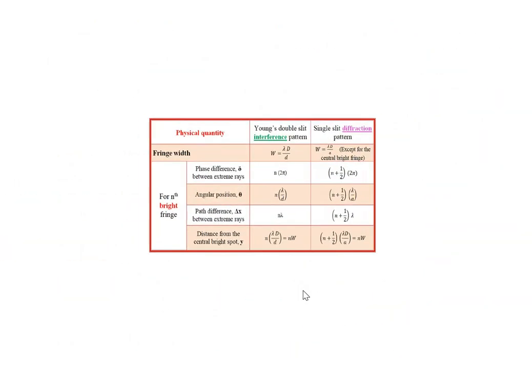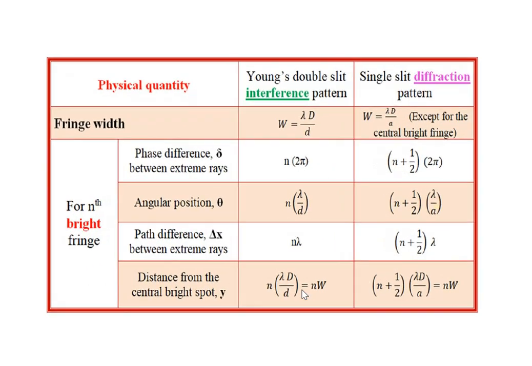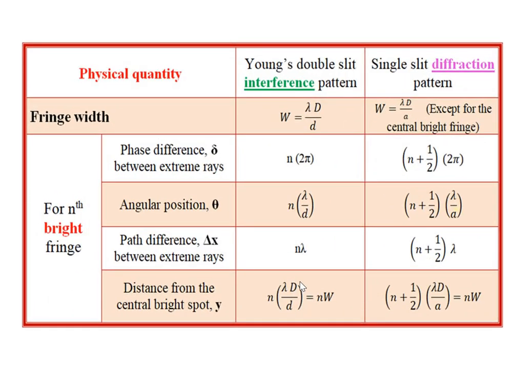So in short, for the nth bright fringe, the fringe width in Young's double slit interference pattern is capital W equals lambda capital D divided by small d. In single slit diffraction pattern, it is capital W equals lambda capital D divided by small a. We recall these quantities once again.